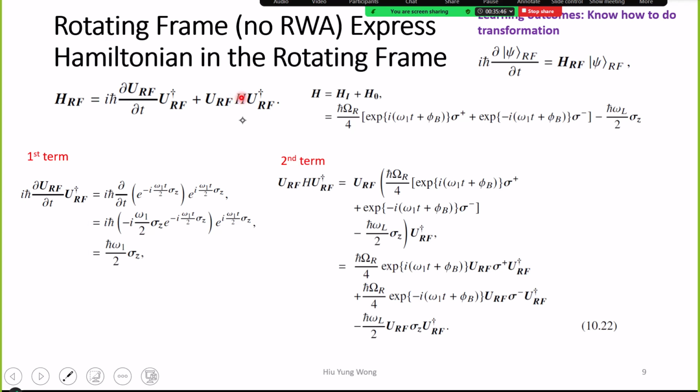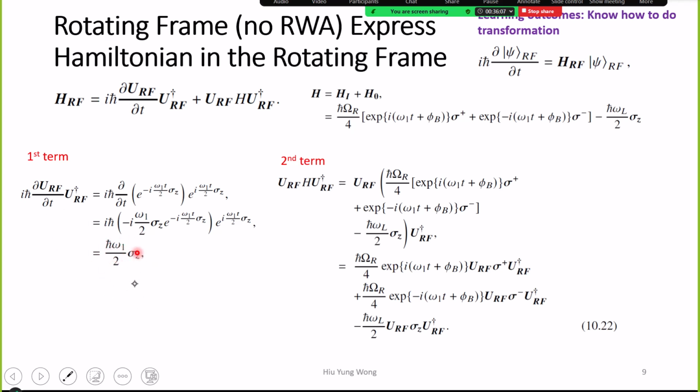Very lengthy, so that's why I don't want to write it. I plug in this to here to get HRF. And of course, it's very complicated. First, I need to compute this term. I already know what is URF. I just go through the differentiation. No worry about the steps. If you're interested, it's good you know the steps, but the important thing is here.